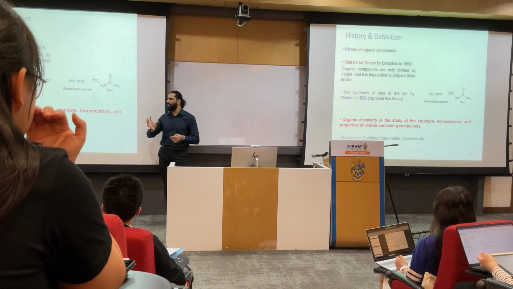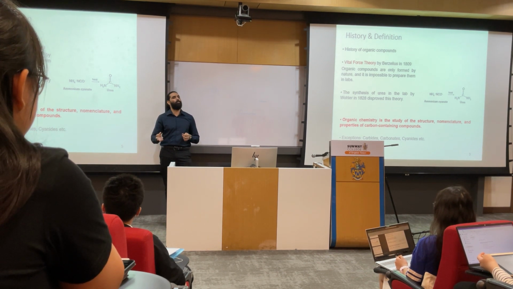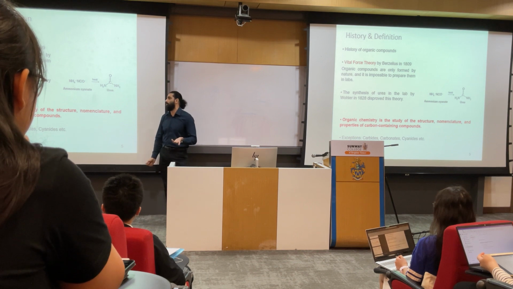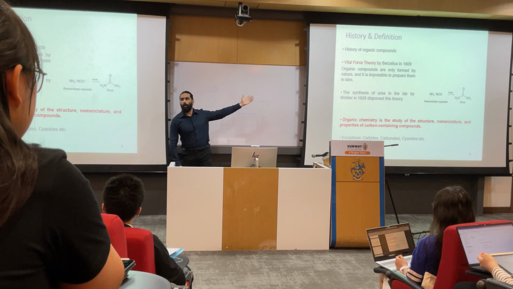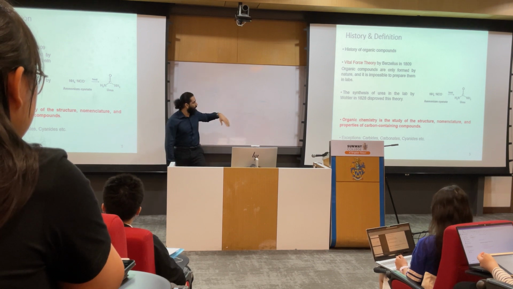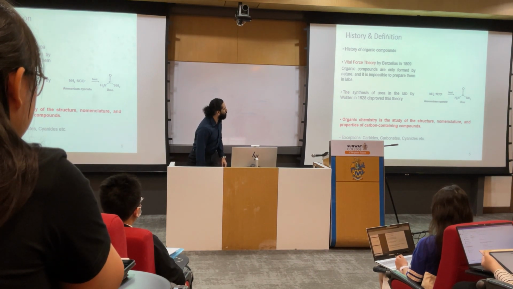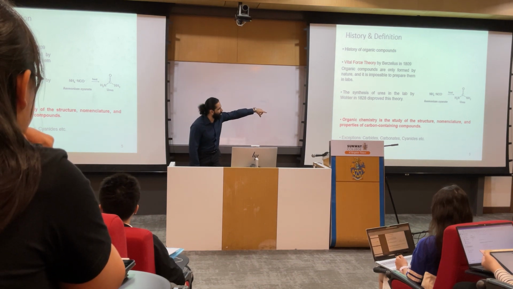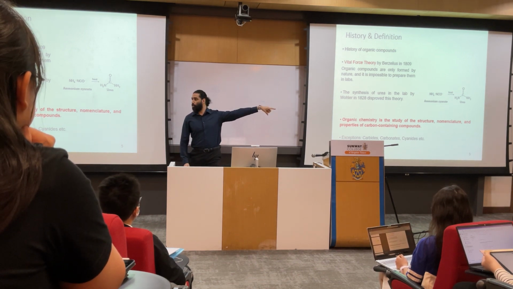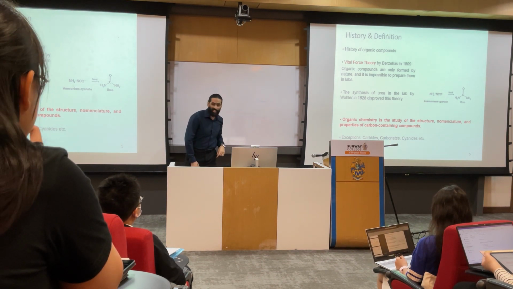As the name suggests, people used to think that organic compounds can only be prepared by living organisms. That was called the vital force theory. But this was disproved in 1828 by a very brilliant German scientist, Wohler. Wohler accidentally synthesized a compound called urea from an inorganic compound, ammonium cyanate.